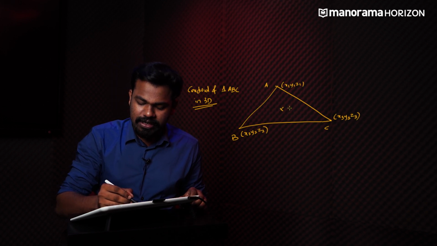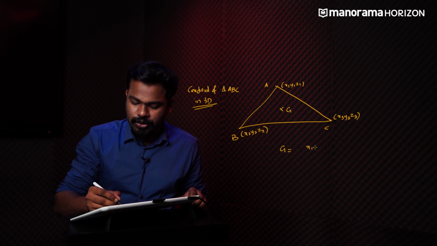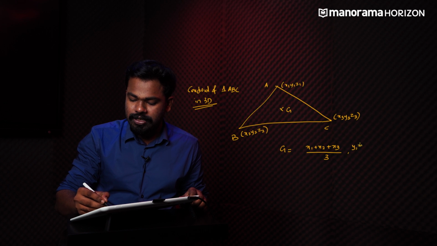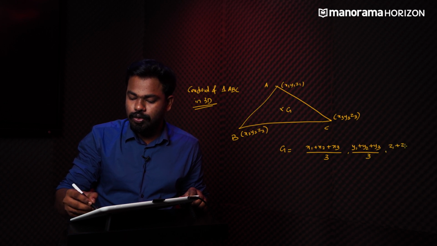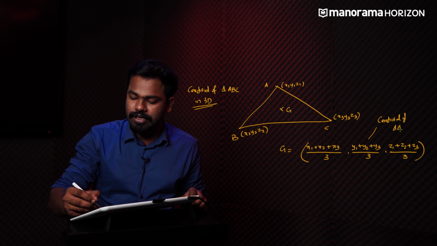Suppose I'm putting it as G, centroid G can be found out using the formula (x1 plus x2 plus x3) by 3, comma, (y1 plus y2 plus y3) by 3, comma, (z1 plus z2 plus z3) by 3. So this gives us the centroid of triangle ABC.